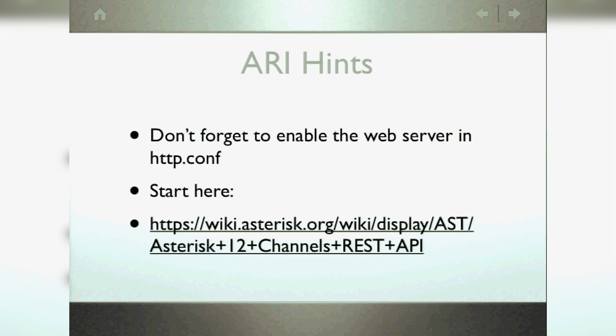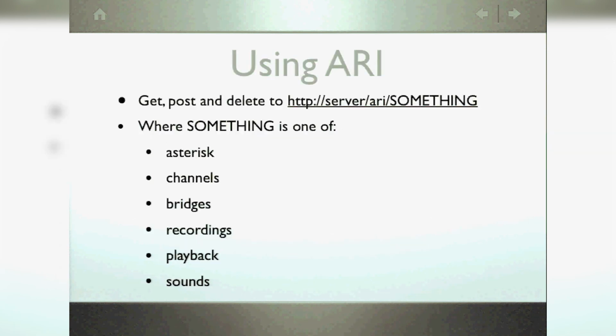Okay, so to use the ARI, you GET, POST, DELETE, or PUT, I keep leaving off PUT, to or from your server /ari/something. And that something is, at the moment, asterisk, channels, bridges, recordings, playback, and sounds.